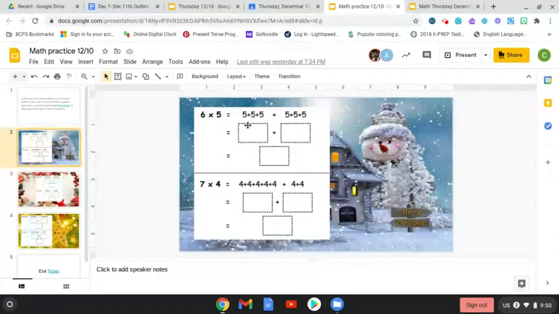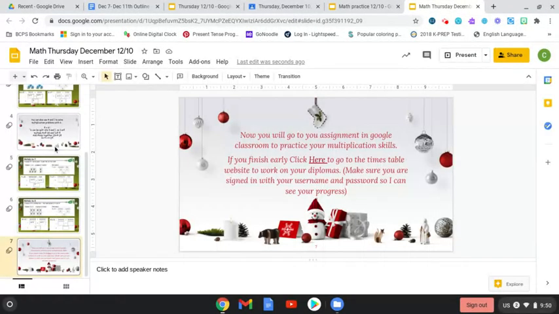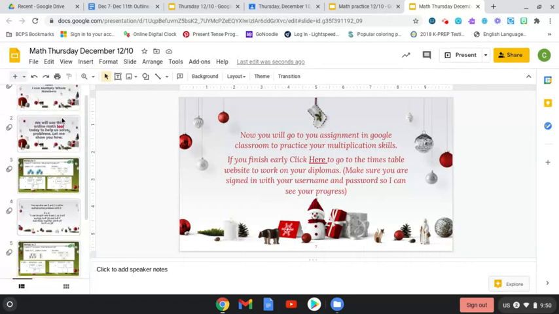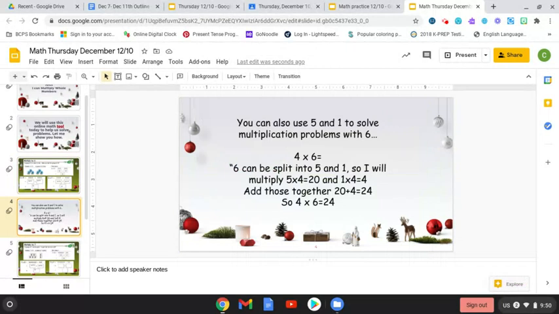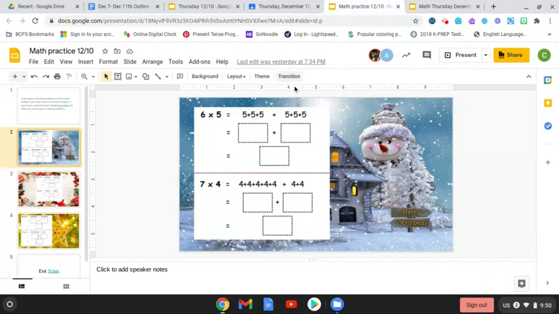So 6 times 5. Remember the rhymes, okay? So I can go back to my thing here. A group of 6 is clear to see when you look for groups of 3. So you could break the 6 into 3 and 3, or you could break it into 5 and 1, okay? So I'm going to go back here.